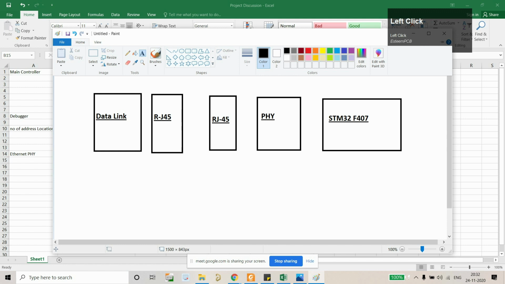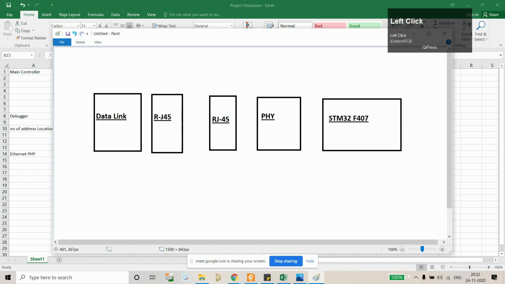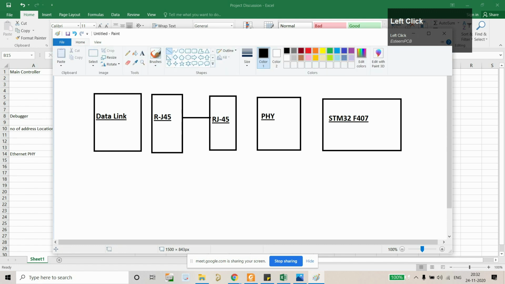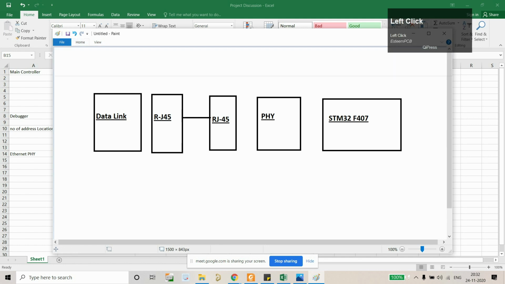Now we will see how they are communicating to each other. In this section, we have our normal LAN. And what is LAN? LAN is a twisted wire pair.